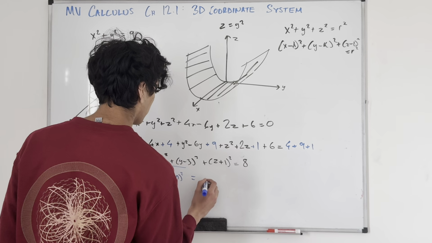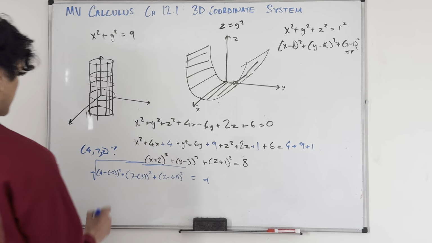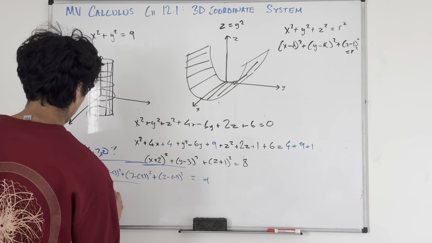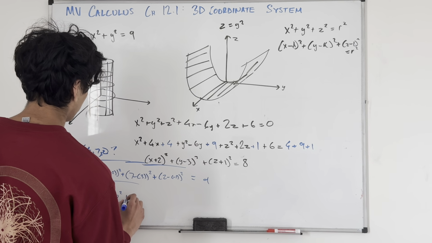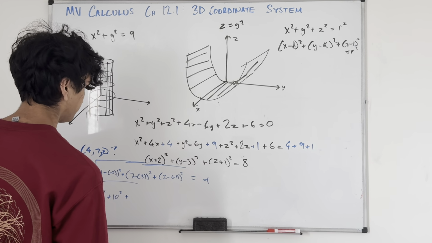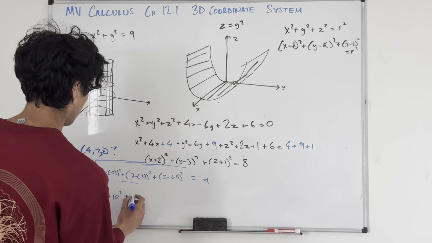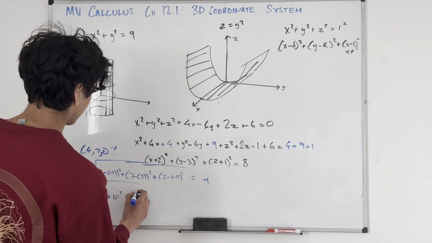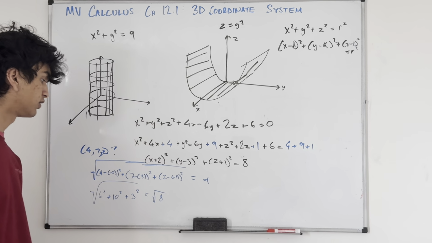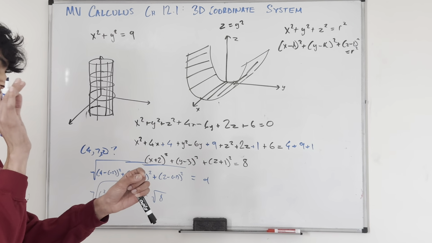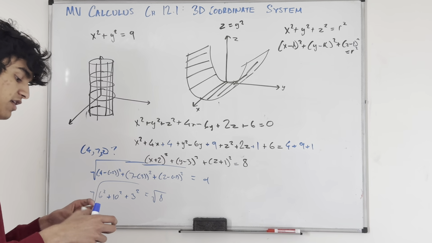So this will equal some distance. I get 6 squared plus 10 squared plus 3 squared, which should end up equaling root 8 if it's really on the sphere, because it would then be a distance root 8 from the center.